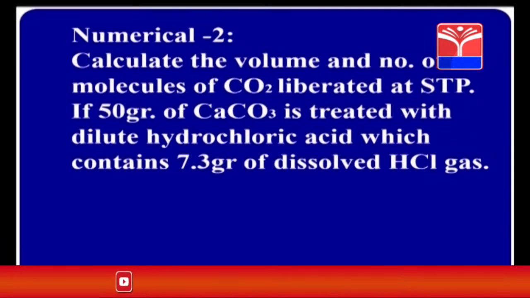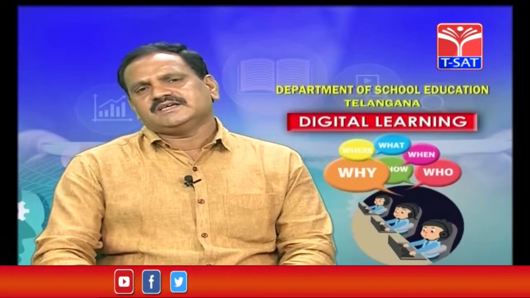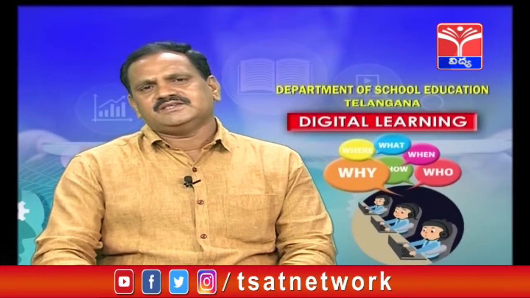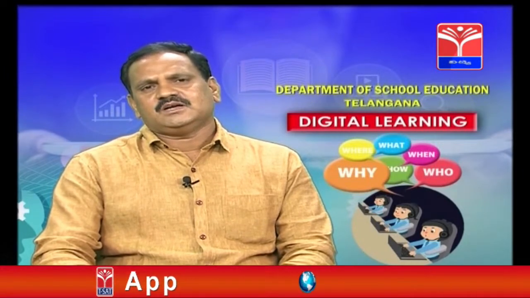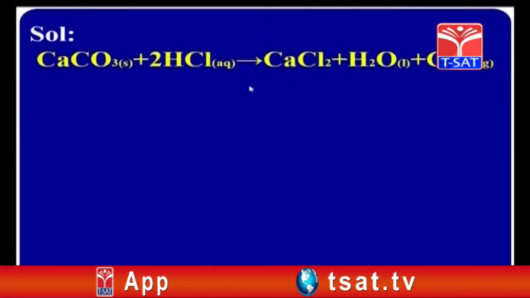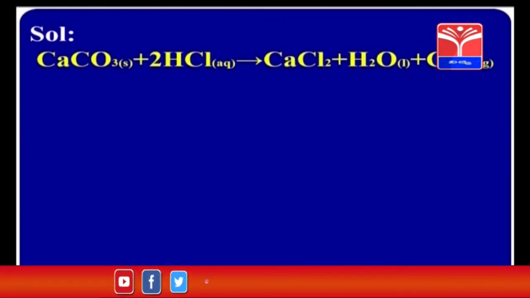To do this problem, we need a balanced chemical equation. Now let us write a balanced chemical equation for the above problem. It is CaCO3 plus 2HCl gives CaCl2 plus H2O plus CO2. It is a balanced chemical equation.